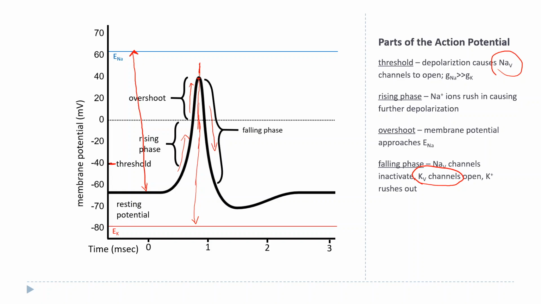They're triggered by that depolarization past the threshold, and the threshold is about the same for both sodium and potassium, but the timing is different. It takes the potassium channels slightly longer to open, so they don't take effect quite as quickly as the sodium channels. In fact, that's why the falling phase is as rapid as it is.